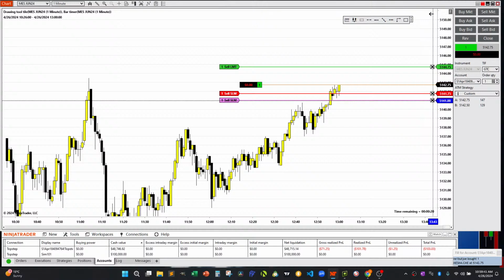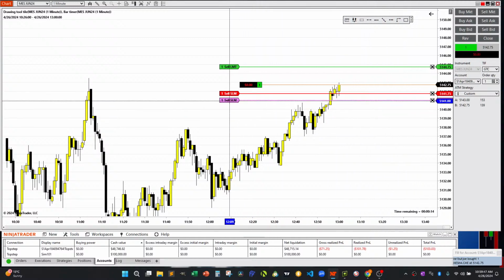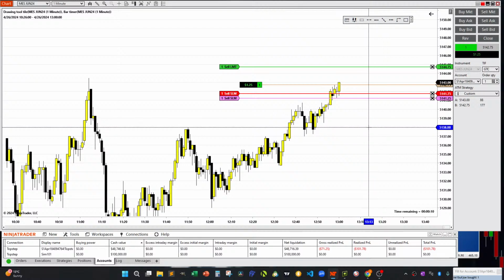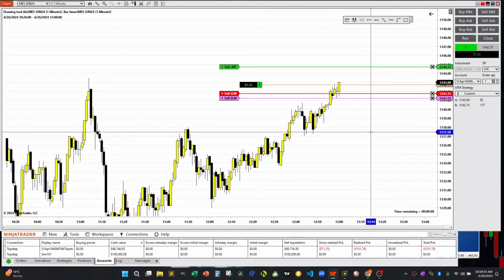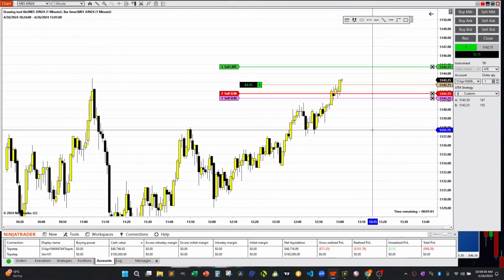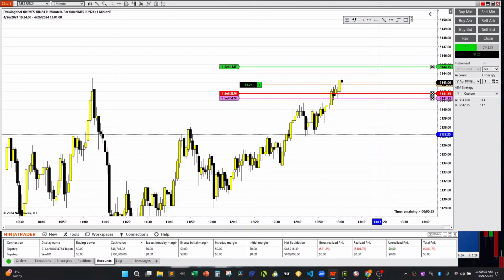Breaking top side again. And we have an hour, new hour starting. So I could see a little bit of violence in the candles here.